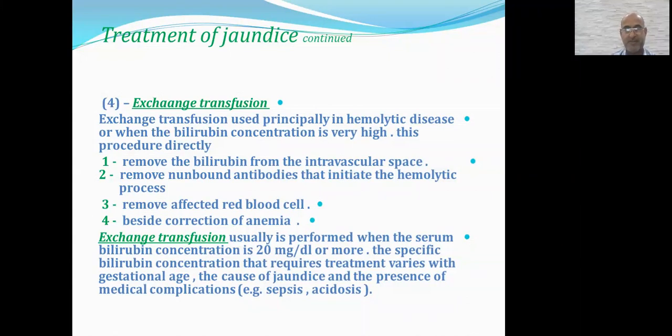The specific bilirubin concentration that requires treatment varies with gestational age, the cause of jaundice, and the presence of other medical complications. So a complicated newborn may need exchange at a lower level in comparison to the full-term infant. As we say, we can find cases of kernicterus at a low level of bilirubin if the newborn suffers from medical problems.